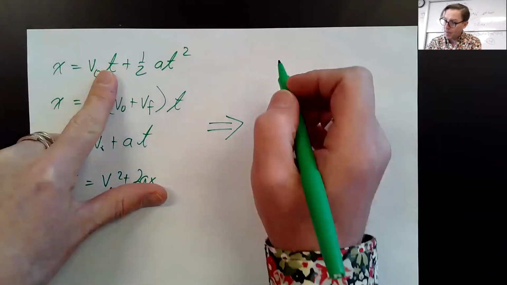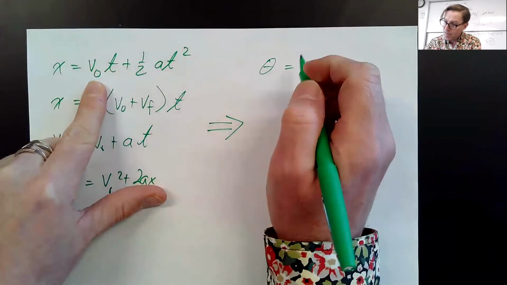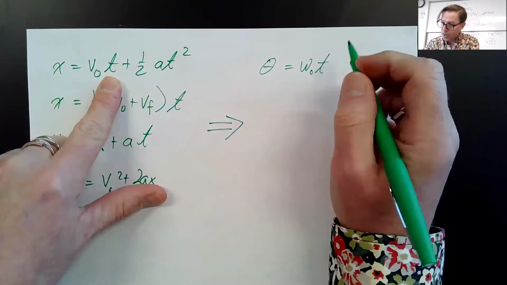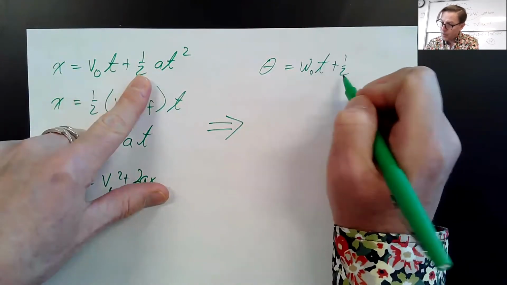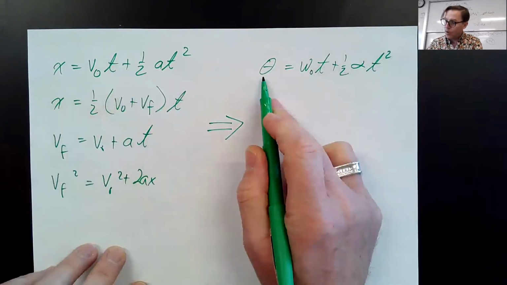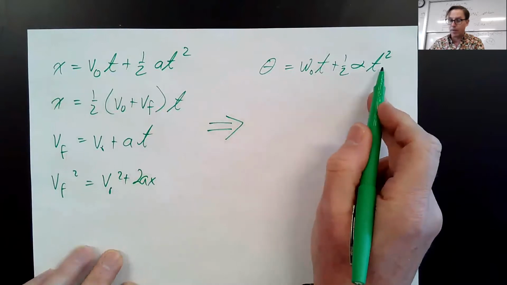So x becomes theta, v becomes omega, so v naught becomes omega naught, t does not change. Constants like 1/2 do not change, a becomes alpha. Theta is omega naught t plus 1/2 alpha t squared.